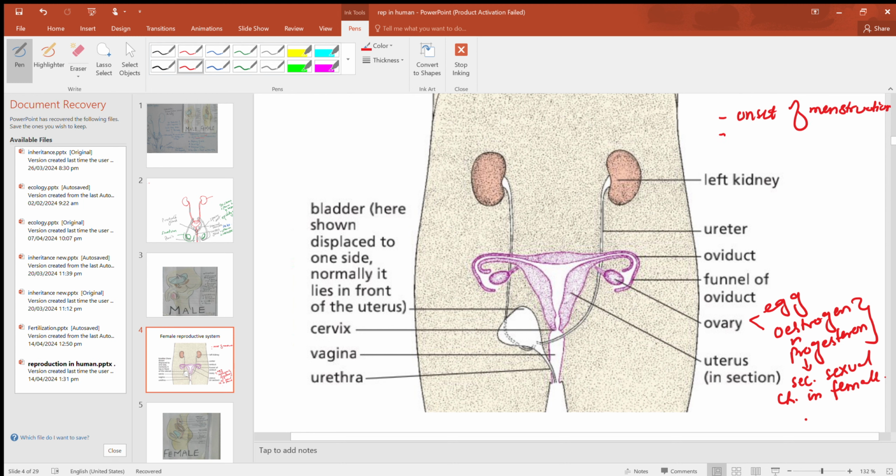Number 2, hair appears in the armpit and pubic region. Number 3, enlargement of breast.